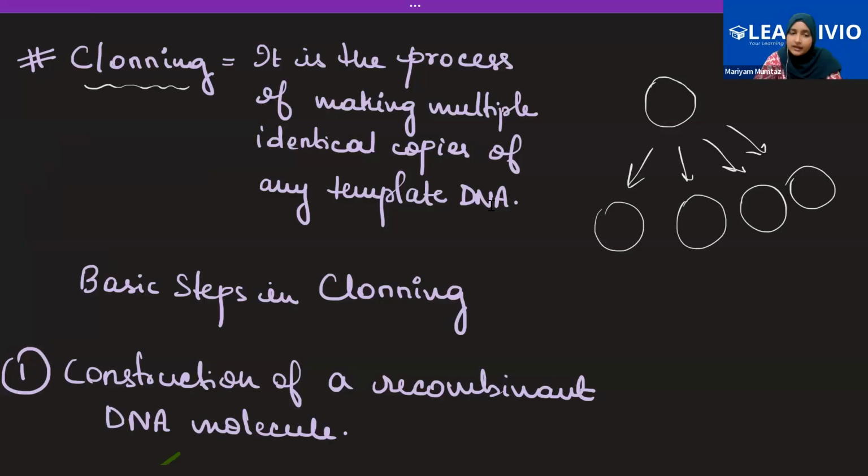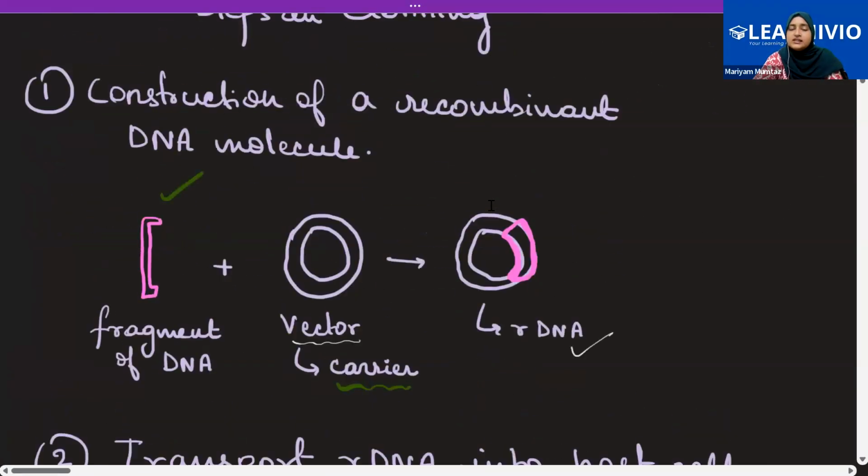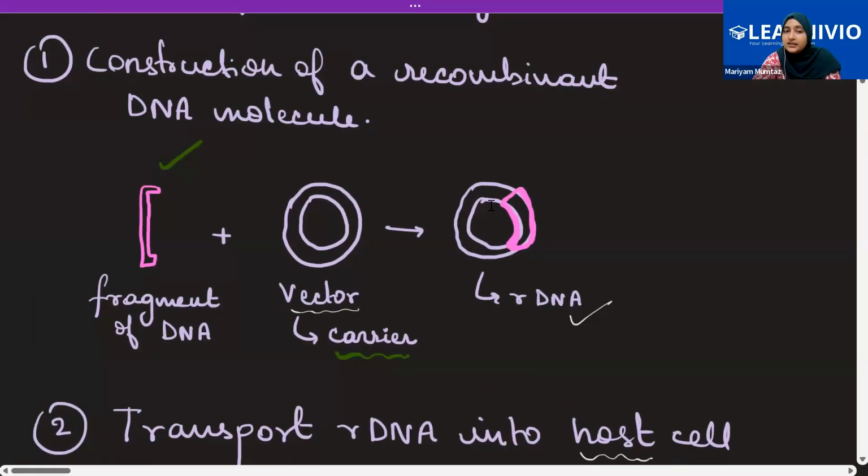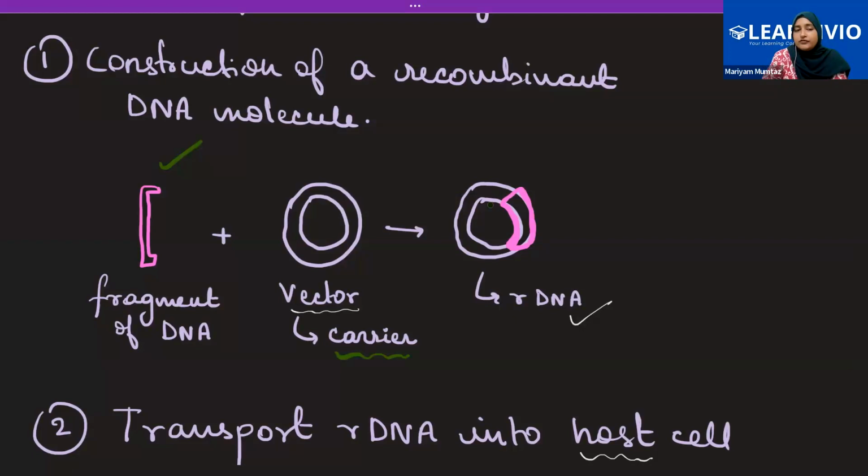If anything gets cloned, it means multiple copies of that thing are being made. Now, talking about the basic steps in the process of cloning, the first is the construction of the recombinant DNA, rDNA. How? You take the gene of interest, okay?